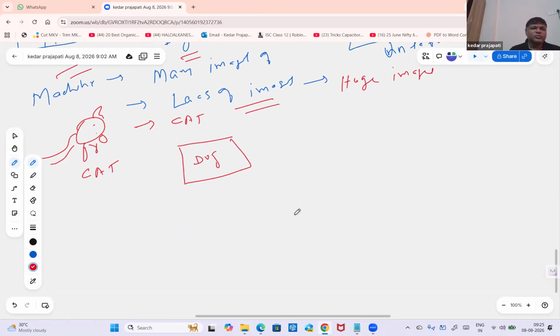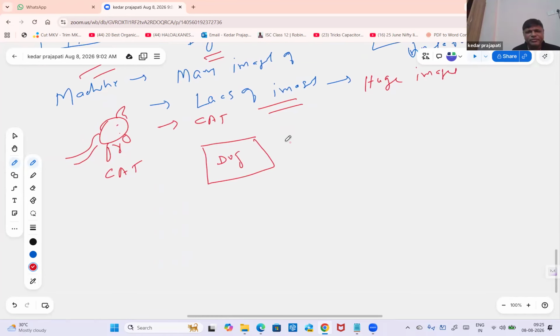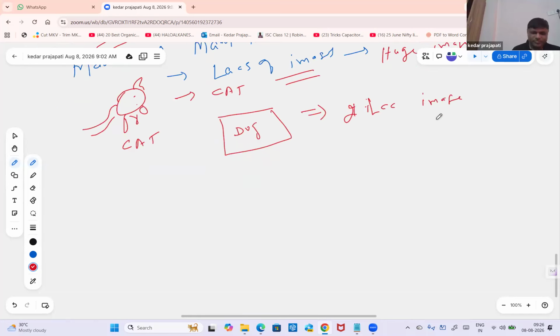Now, suppose you have trained the machine with 1 lakh data, right? On 1 lakh images or 2 lakh images. 2 lakh images I have given and the machine is ready. Next time, you just give it an image of a dog.